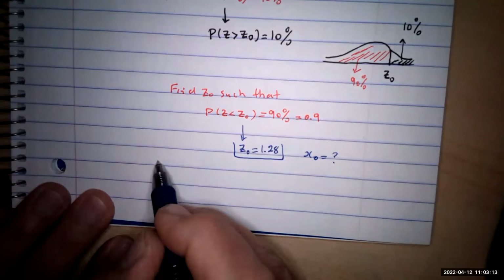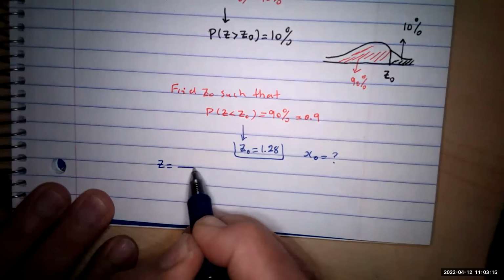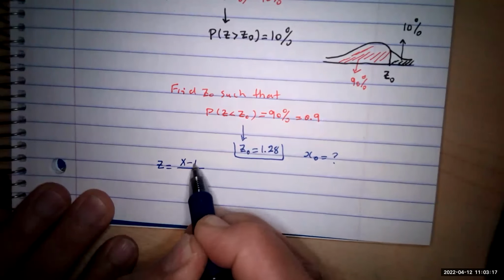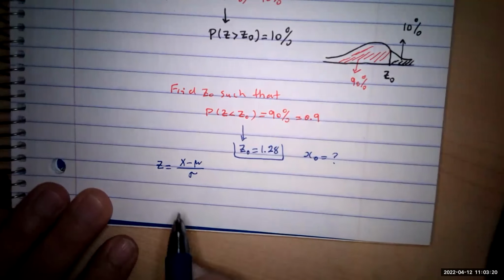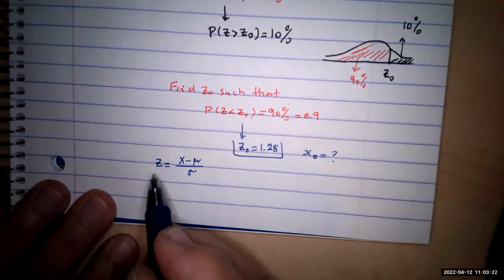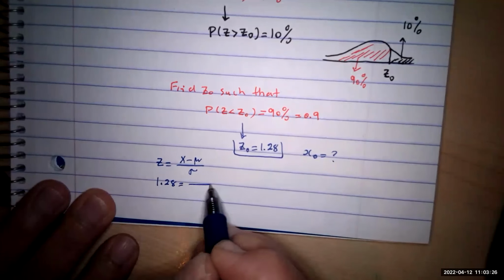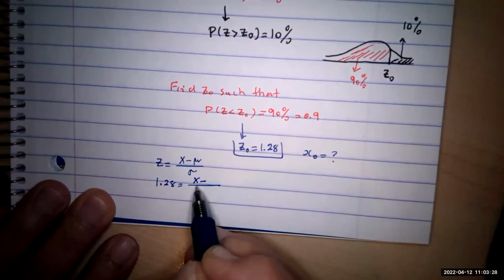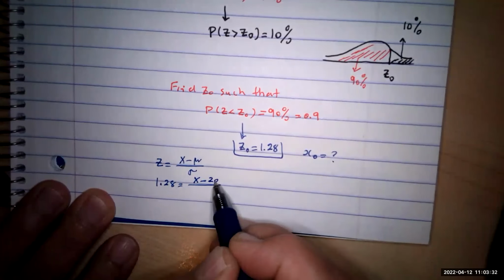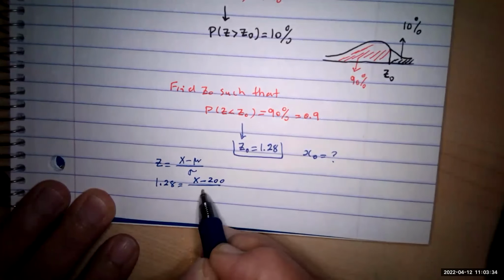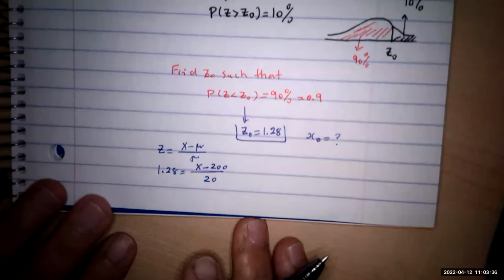Okay, so the Z formula, remember Z is equal to X minus mu over sigma. Now the Z number is going to be 1.28, and the X is missing. The mu is what? The mu is 200, and the sigma is 20. Both of them were given to you.